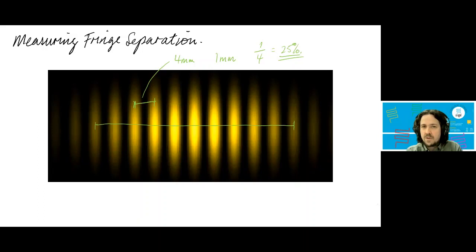You can't do that with a ruler, because every page is far less than 1 millimeter. However, if you measure the width of the book, whatever it might be, 320 pages, then you can divide your measurement by 320 and get an estimate for how wide a page is. It's the same kind of principle here.